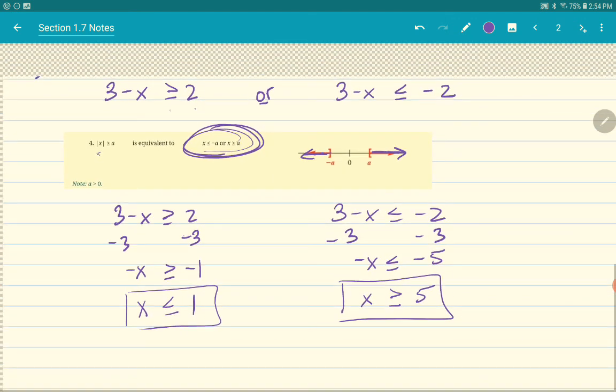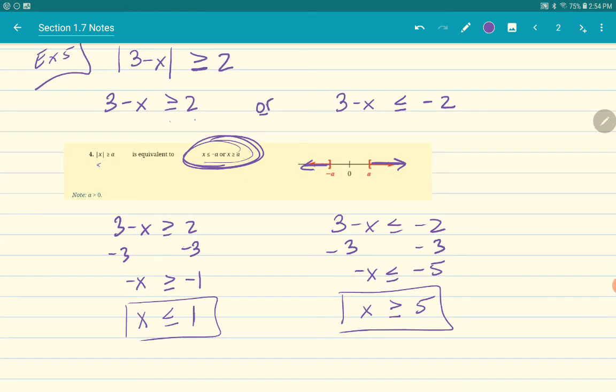Okay, I'm going to try to keep everything on the page here. Let's see what that looks like on a number line. So x less than 1. I'm going to do 0, 1, 2, 3, 4, 5. I'm going to make it a little longer. So 0 is less than 1, and less than means I follow this direction.